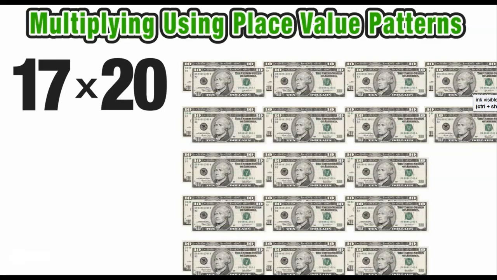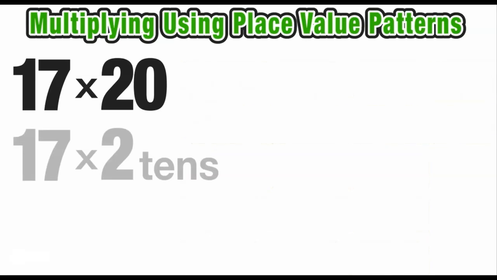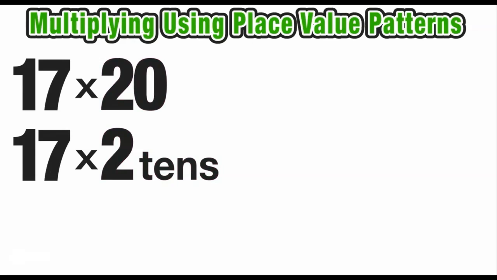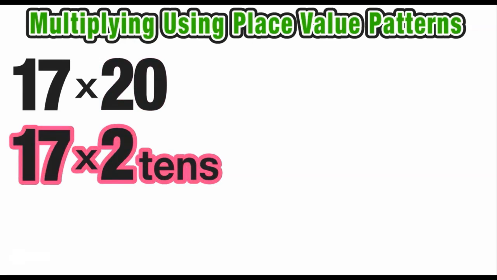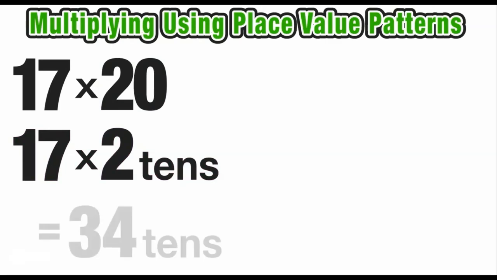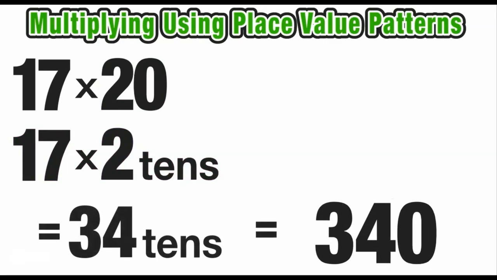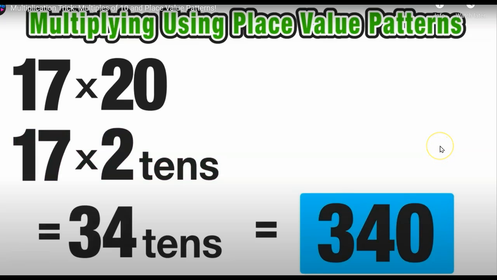Now, instead of 17 piles of 10, we have 17 piles of 2 tens, since 2 tens equals 20. So we can rethink this product as 17 times 2 tens, since 20 and 2 tens are equivalent. And 17 times 2 tens is 34 tens, since 17 times 2 is 34, and 34 $10 bills would be $340.